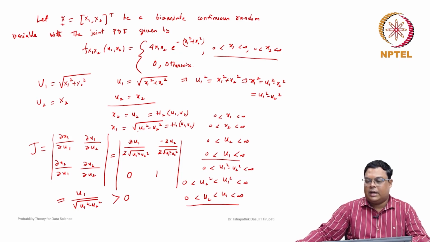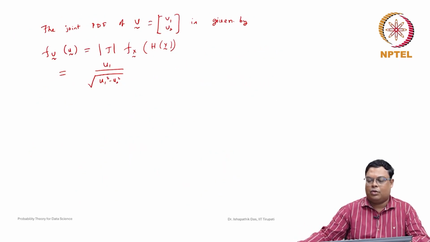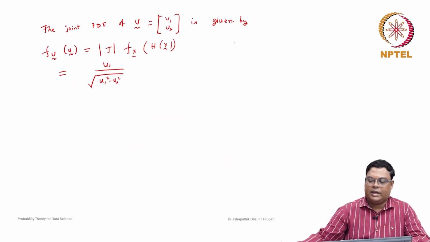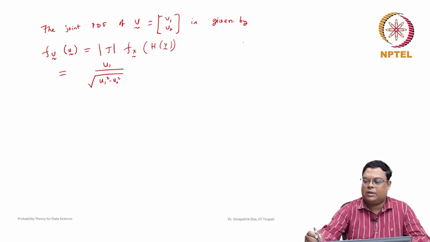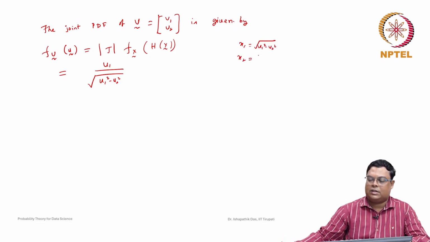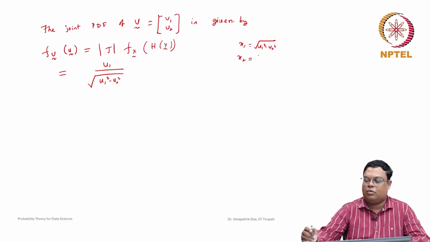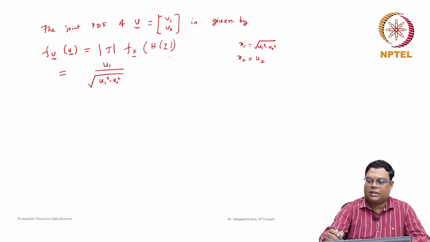Whenever we are transforming in this region, let us remember that x1 is root over u1 square minus u2 square, and x2 is nothing but u2.